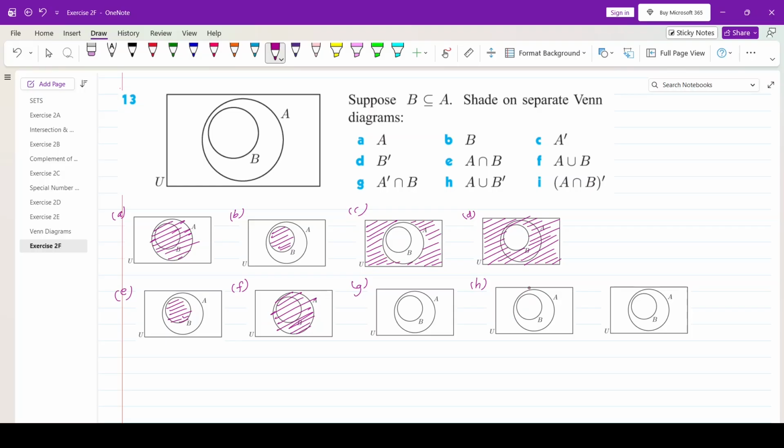The part of A and B complement together. So what is B complement? B complement is everything outside this circle, which is this whole part outside this circle, and A is inside this circle, so everything will be shaded.